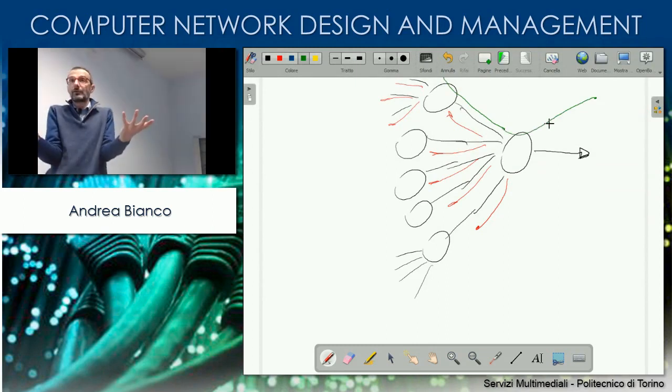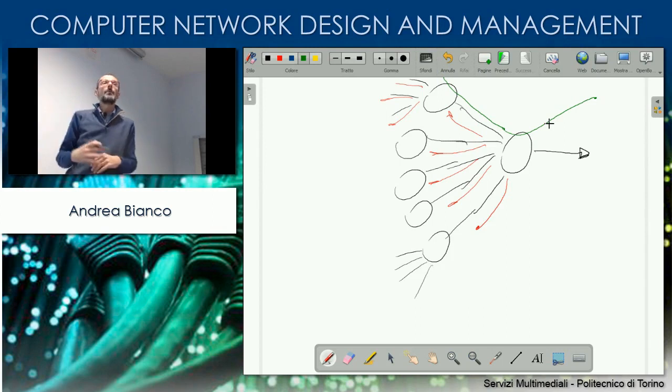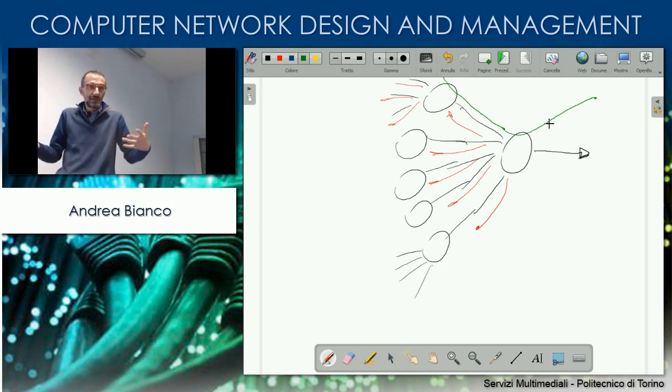So we are blocking a portion of the network, a significant portion of the network, in a tree-based fashion, right? You are coming back from the congestion point in a tree-based fashion. So I'm not saying that this is a good way of dealing with congestion. This is an absolutely bad way because it's not selective. You are just blocking the full network and not only the flows that create problems, but at least there is a reaction. The network is doing something, okay?